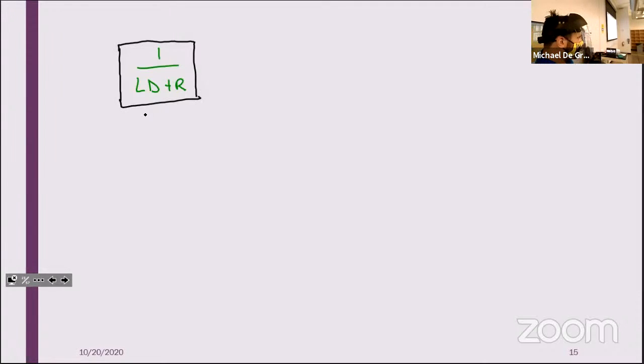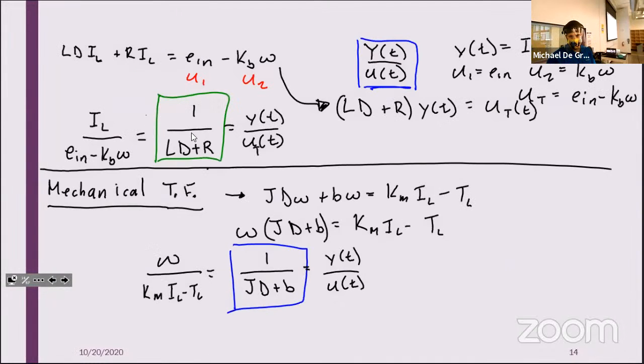We know our input is E n minus K b omega. How do we know that? It's right here. Remember, what is the transfer function? We're saying our input function goes into our transfer function block, and we will get y of t out.